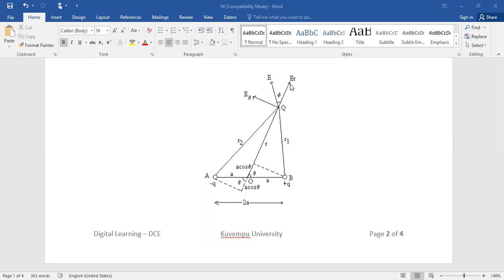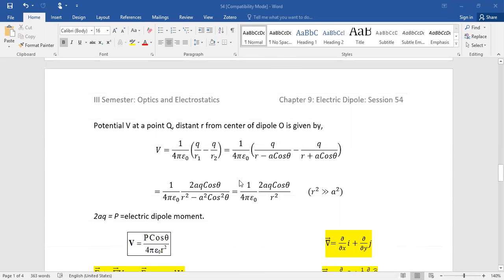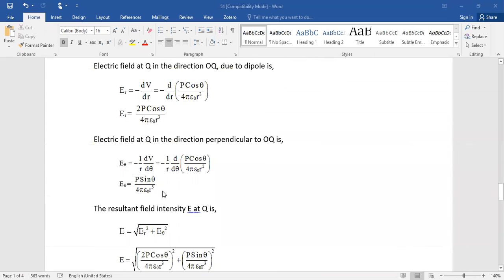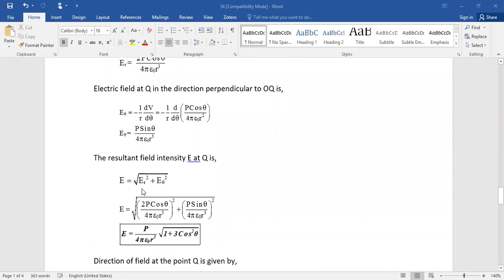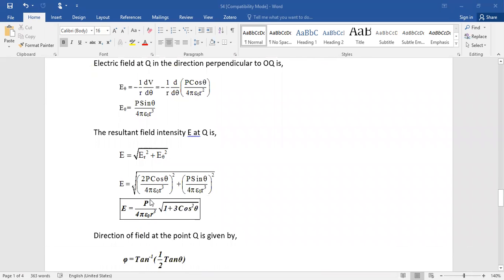Then the diagonal drawn from the same point is the sum of ER and E theta. E is the net electric field at Q. E is equal to ER plus E theta. And the magnitude of the net electric field E is equal to root of ER square plus E theta square. That gives E is equal to p by 4 pi epsilon naught r cube into root of 1 plus 3 cos square theta. This is the net electric field.